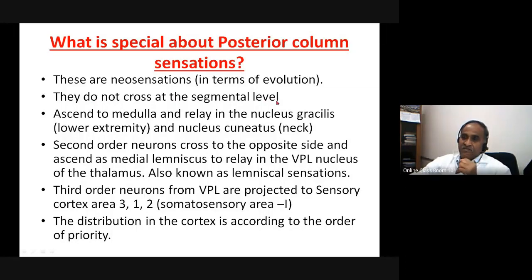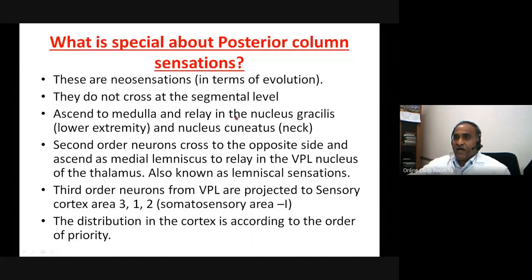That means the fibers from the hand reach the spinal cord and ascend up without crossing. Usually there is a crossing of sensation at the segmental level or at the medulla level. They will ascend up to the medulla, and then in the medulla they will relay, then cross to the opposite side. That is the second part of it.